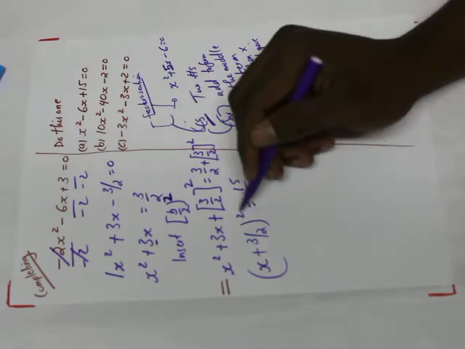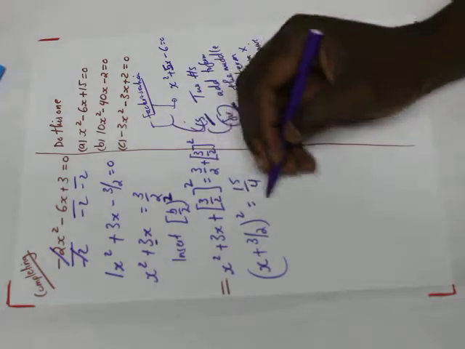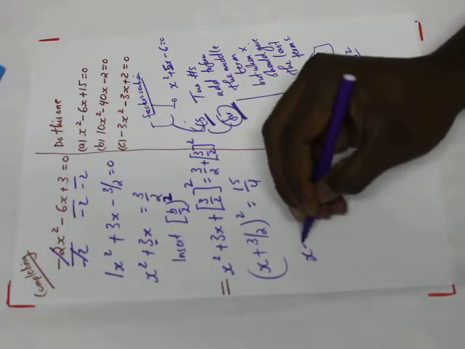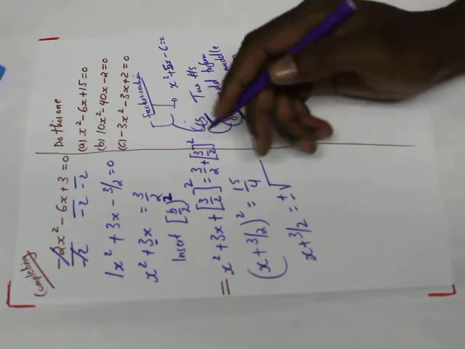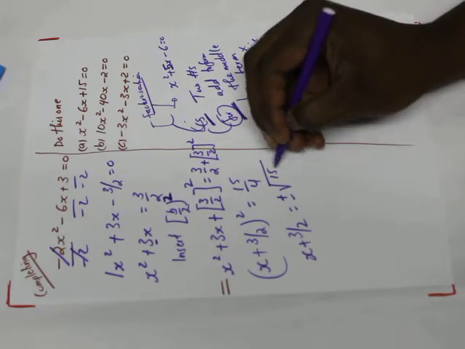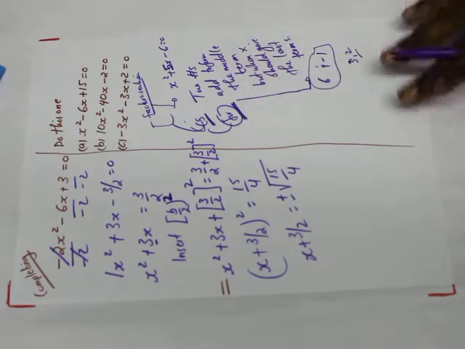Then how do you remove the square? You take the square root, and you have x plus 3/2 is equal to plus or minus the square root of 15/4, remembering the common mistake people make. It can go either way.